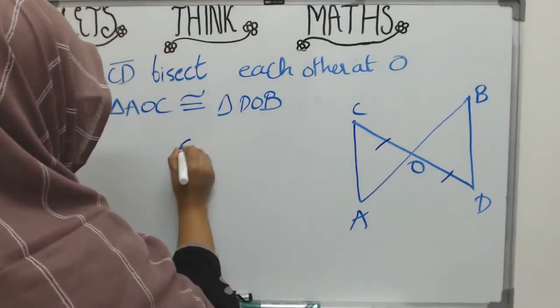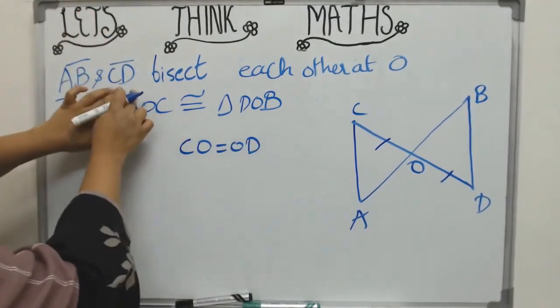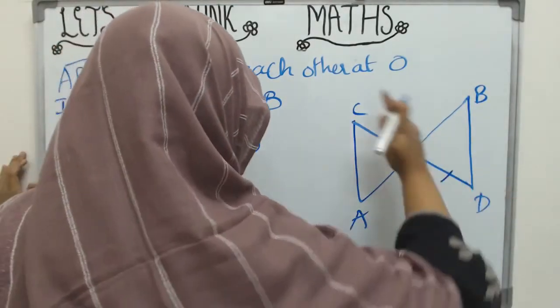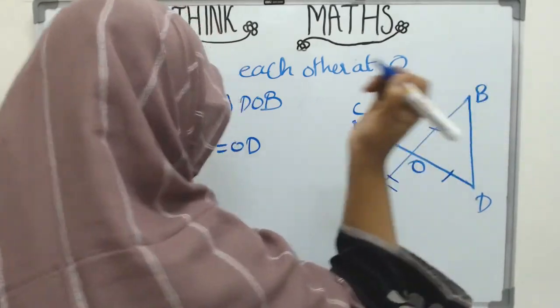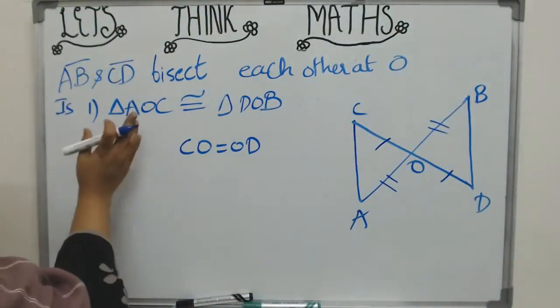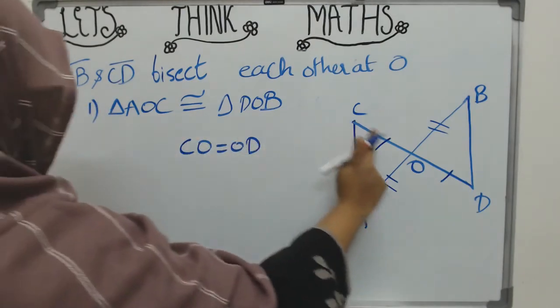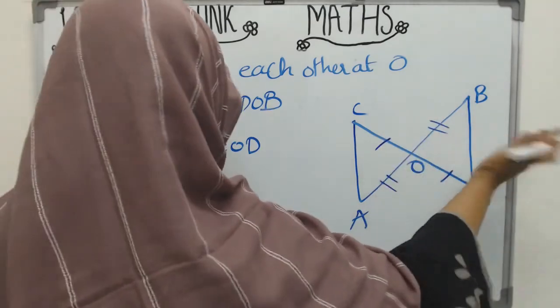So that means CO is equal to OD, and then CD is cutting AB into two equal parts. See the CD, it is cutting AB in such a way that AO is equal to OB, and we have to find out whether triangle AOC, this triangle, is congruent to this triangle.